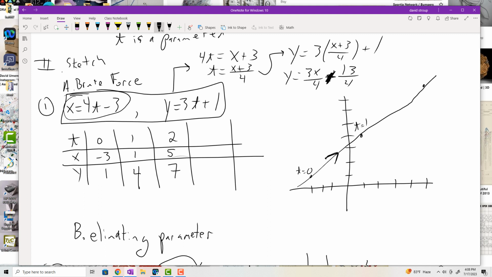You can use all kinds of other ways to do your parametric equations. You could literally just say x equals t and y equals 3t all over 4 plus 13 fourths. Those are the same line.